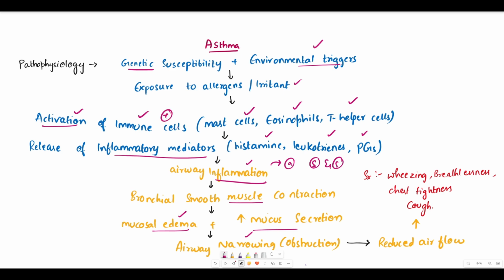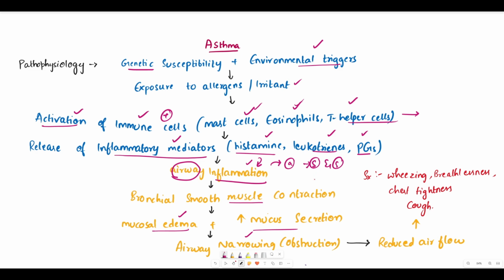When his immune system gets activated, immune cells like mast cells, eosinophils, and T helper cells get activated. Because of this, there is a release of certain inflammatory chemicals. Those inflammatory chemicals are histamine, leukotrienes, and prostaglandins. Now these chemicals cause inflammation of the airways.